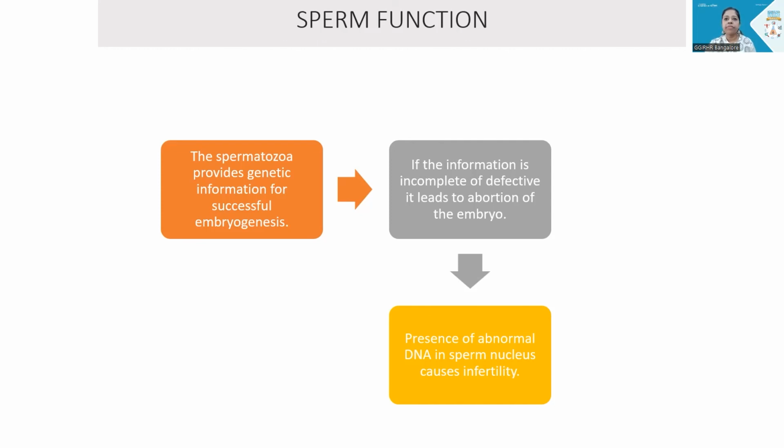Because whenever there are DNA abnormalities in the sperm, especially when there is age, occupational hazards, or increased ROS or oxidative stress, there could be damage to the DNA. Because of the DNA damage, there is incomplete information to the embryo. That is when it leads to abortion. So here we do a DFI, the DNA fragmentation index, to know how successfully an embryo can be formed.